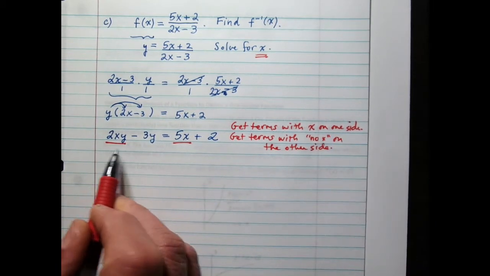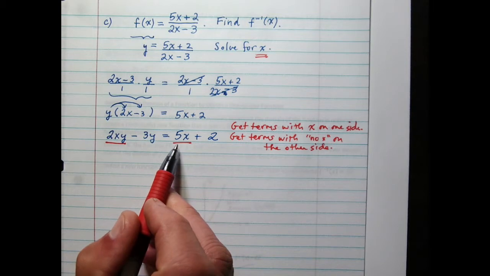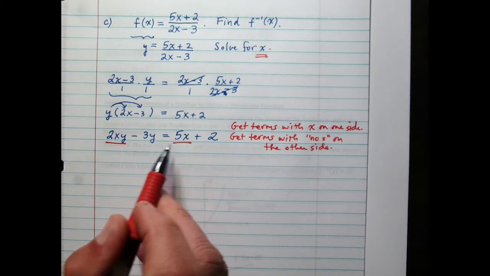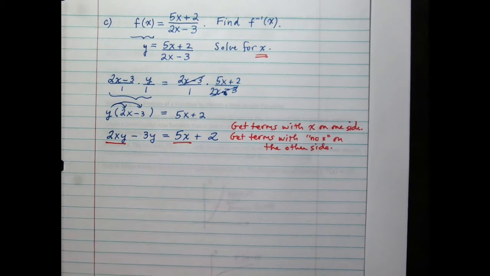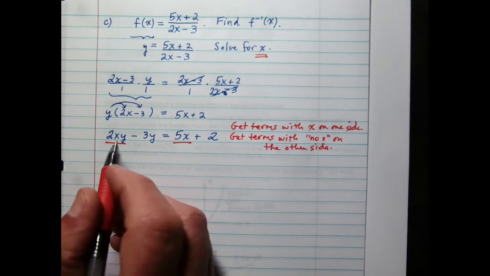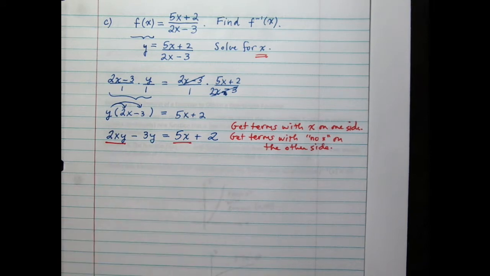The underlined terms in red are the x terms. I want those on the same side. The minus 3y and the 2, those are the terms without x. I want those on the other side. Don't think x and y, because y is going to end up on both sides. We're just focusing here on terms with x and terms that have no x.